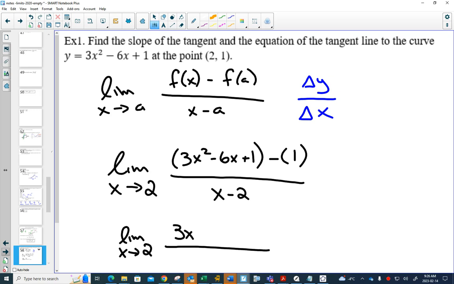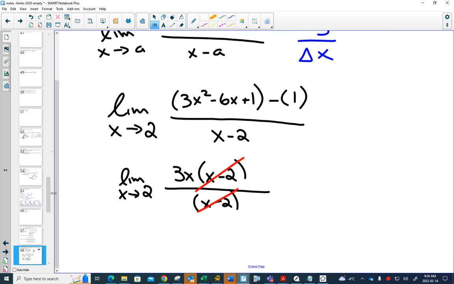I can take out a 3x out of these two, leaving me with x minus 2. Oh, this is working out nicely. And we have the limit as x goes to 2 of 3x. Can you evaluate that? It'll just equal 6.